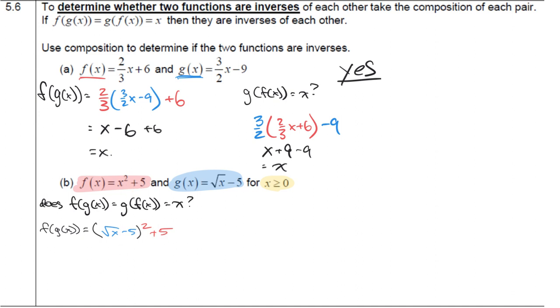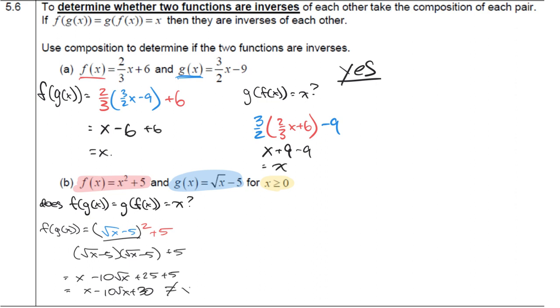Let's work through it now. This is radical x minus 5 times radical x minus 5, plus 5. This is x minus 10 radical x plus 25 plus 5. This equals x minus 10 radical x plus 30.